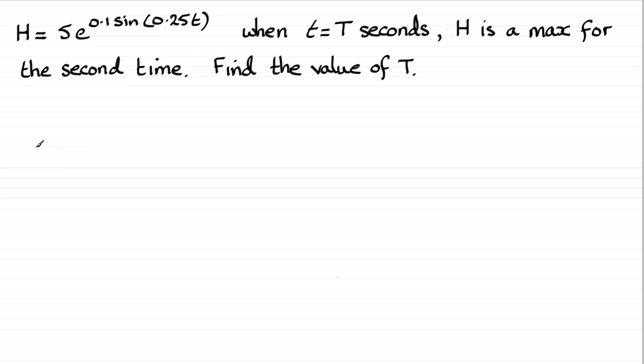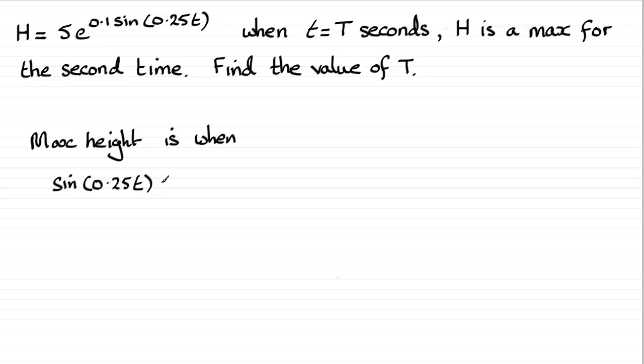We have got the maximum height. Let's just put it down here. Maximum height, okay, is when we have the sine of 0.25t equaling 1. And so we've got to solve this equation, work out a series of values for t.